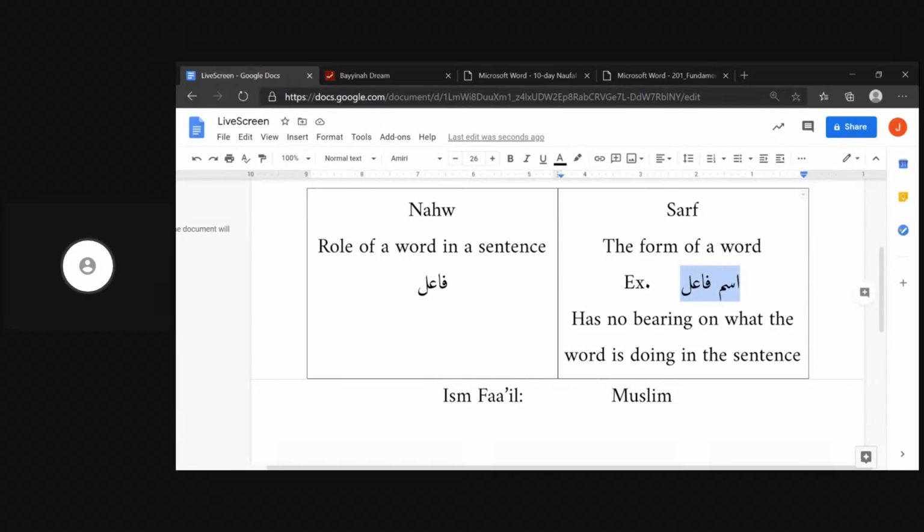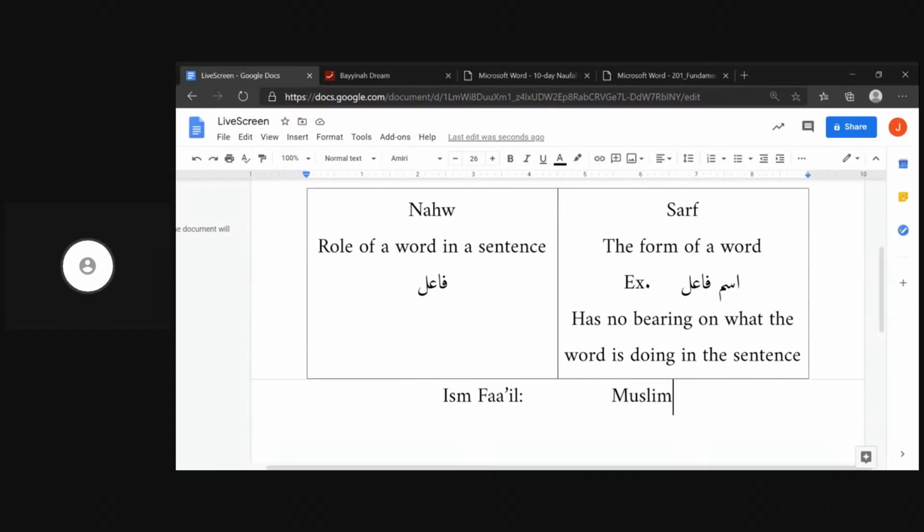If you can do that with one of the vocabulary words of sarf, that's how you know this is a sarf term and not a nahu term, right? I can tell you from the form of the word alone. That means it doesn't have any role in a sentence yet. That's just what it is.